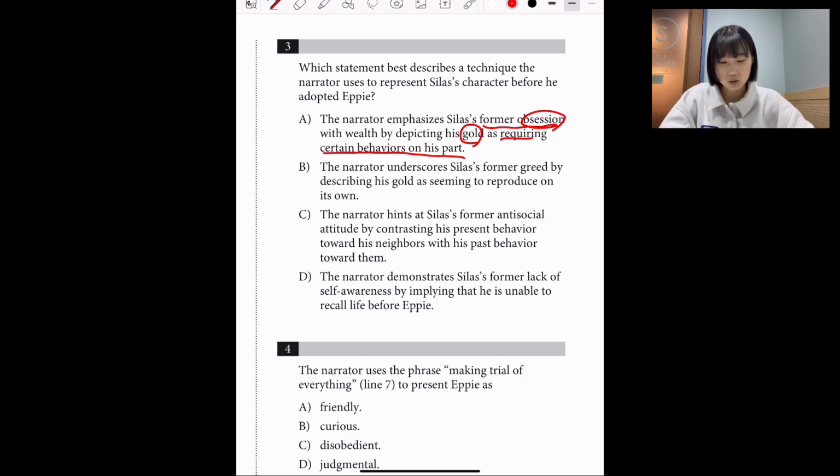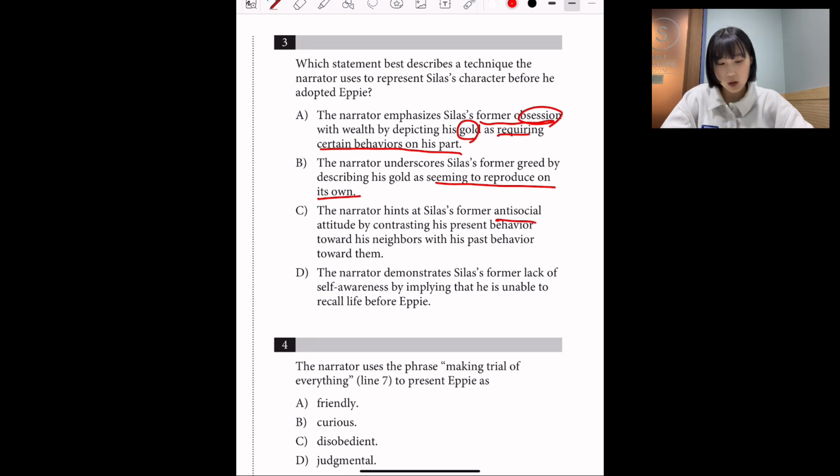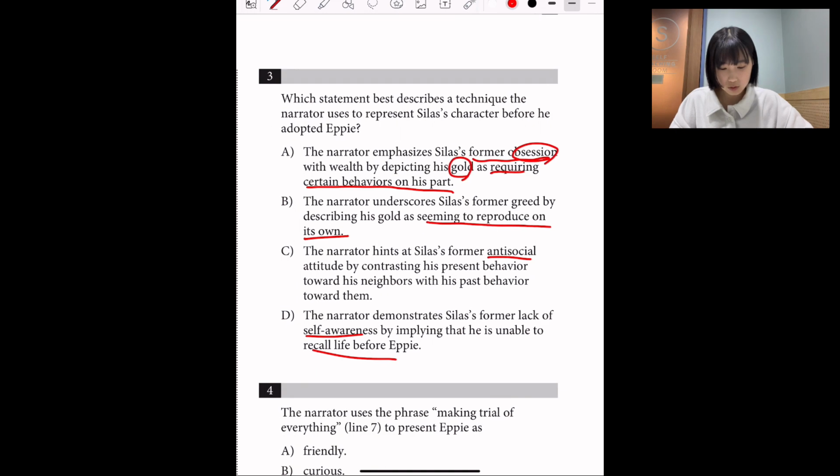B, the narrator underscores Silas's former greed by describing his gold as seeming to reproduce on its own. C, the narrator hints at Silas's former antisocial attitude by contrasting his present behavior towards his neighbors with his past behavior towards them. D, the narrator demonstrates Silas's former lack of self-awareness by implying that he is unable to recall life before Epi. Now, looking at these choices, let's look at A first.